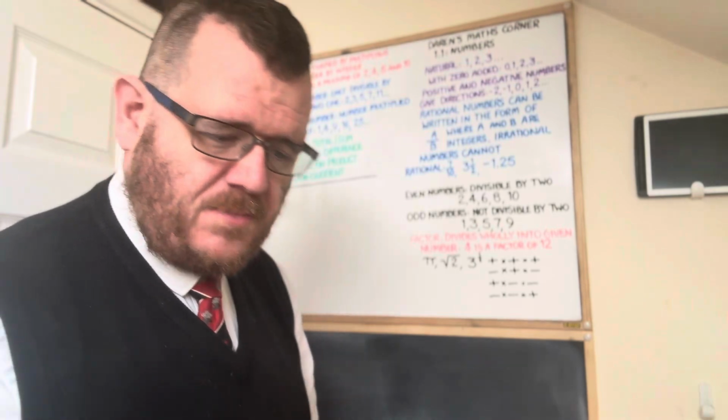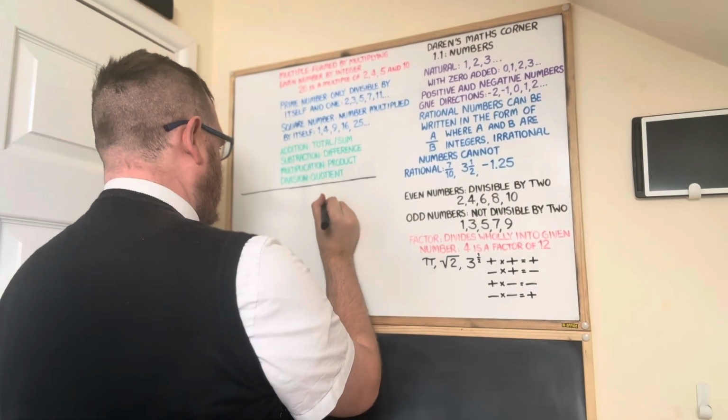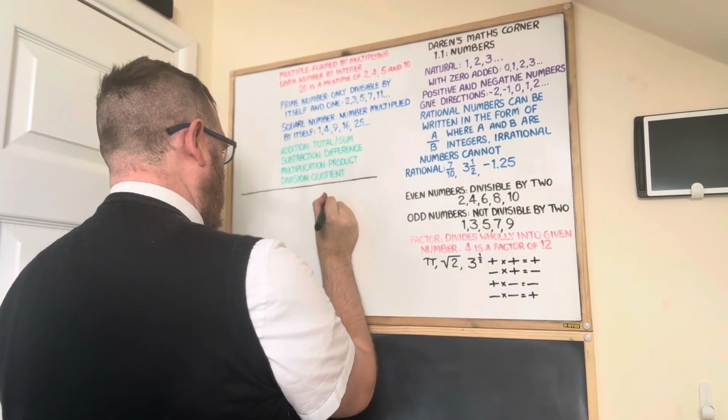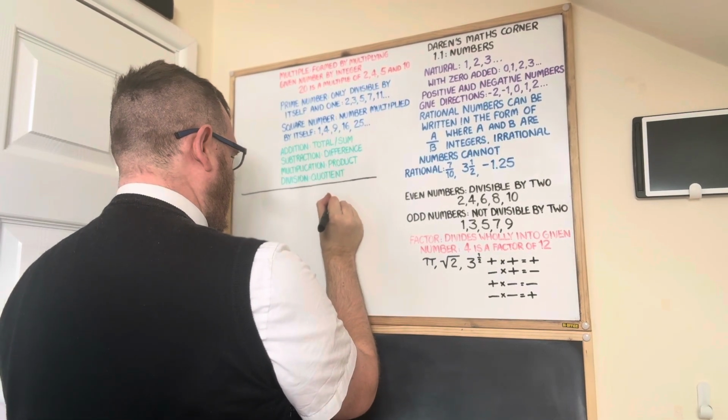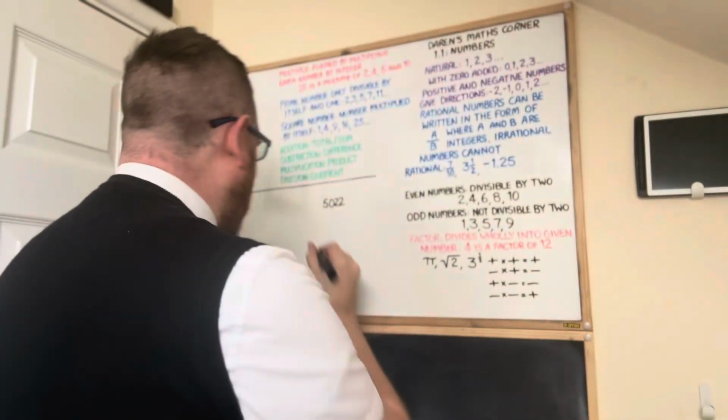What's the difference between 5,022 and 8,205?